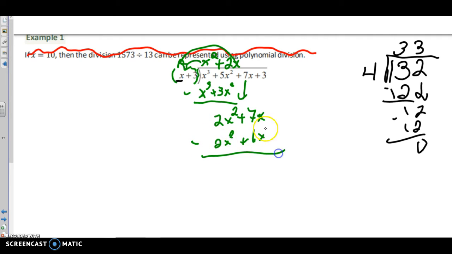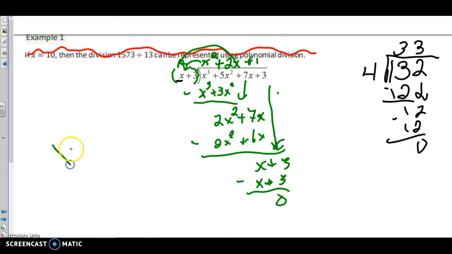And then I'm going to subtract. 7 minus 6 is 1x. And then I'm bringing down the 3. X goes into x once. I'm going to multiply, and I get x plus 3. And when I subtract, I get 0. So my final solution is x squared plus 2x plus 1.